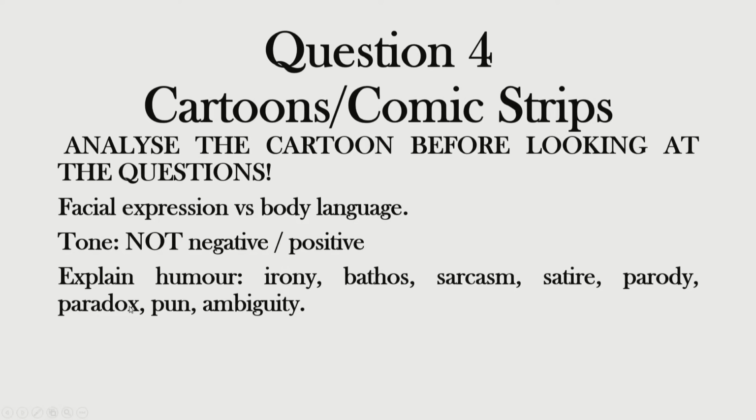A paradox is something that doesn't seem to make sense at first, but after you read it a couple of times, suddenly you realize that, hey, hold on, that's actually true, even though it doesn't seem to be. It is logical, but only after you've looked at it a few times. A pun is, of course, a play on words, and ambiguity is double meaning, when you're not sure which one of the meanings to apply.